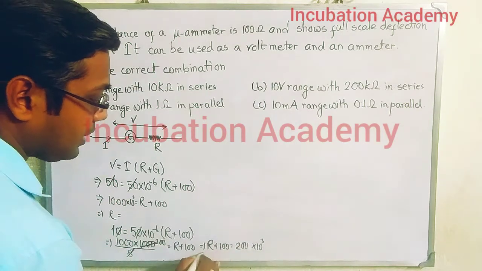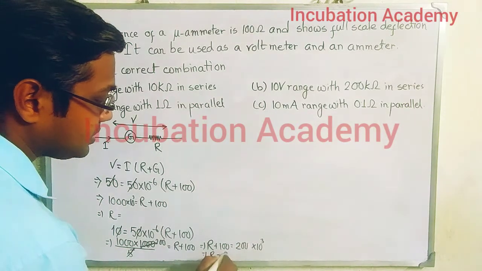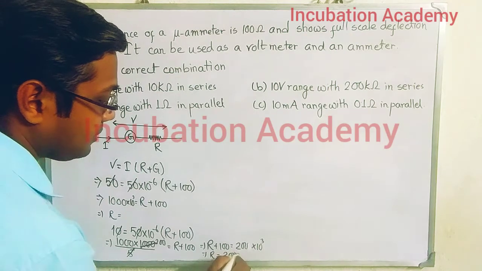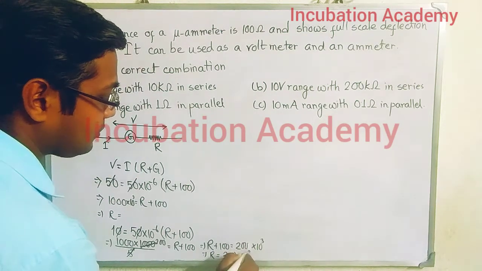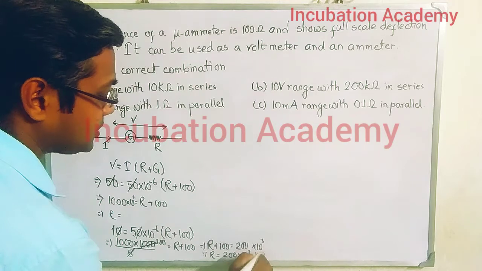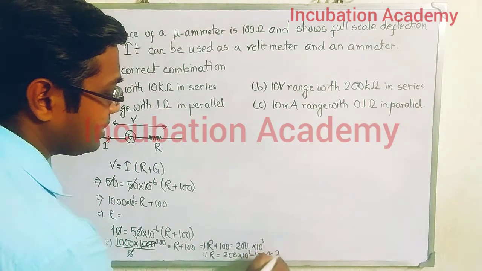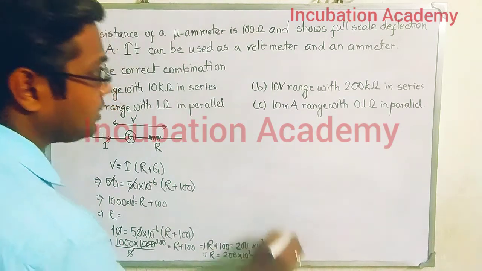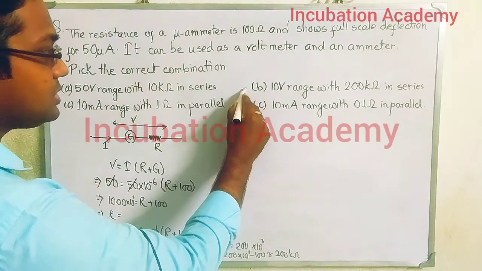If you subtract 100 from here, the change is very small, so we can approximately say this is 200 kilo ohm. So we consider this option correct.